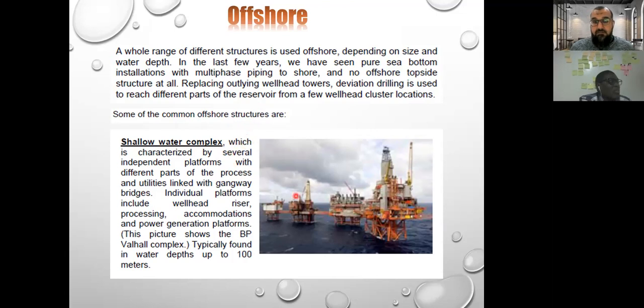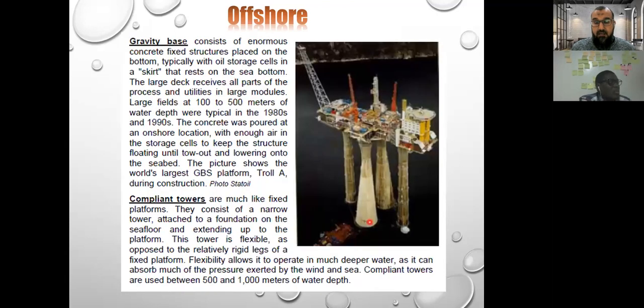The first type is shallow water complex. If you have a shallow water area, then you will use this kind of platform structure. If you have more deeper water, you use some other type of structure called gravity base.